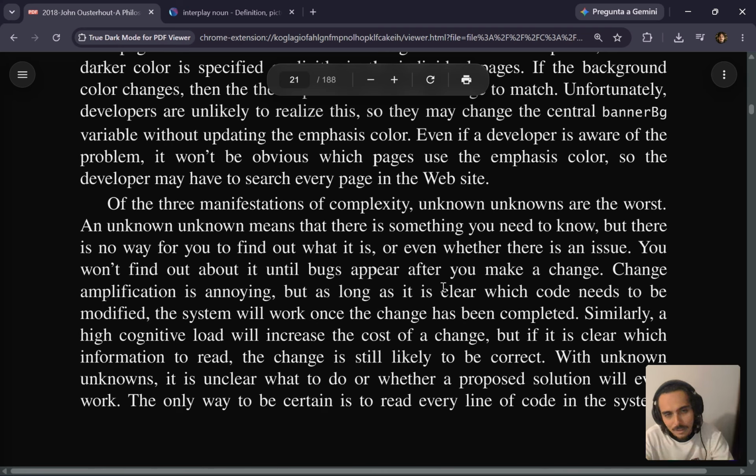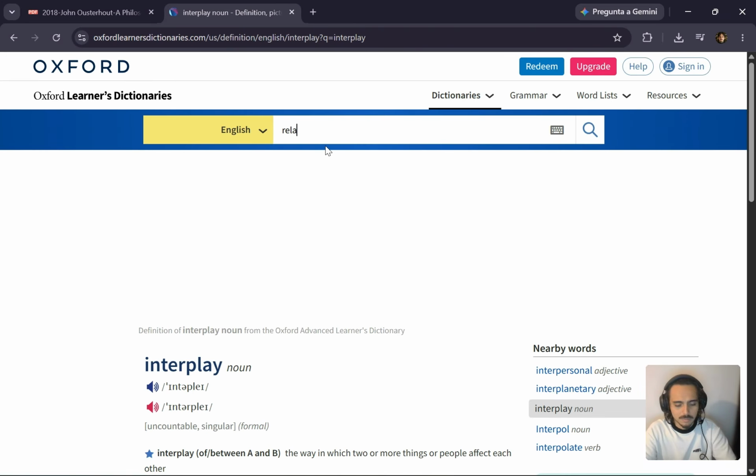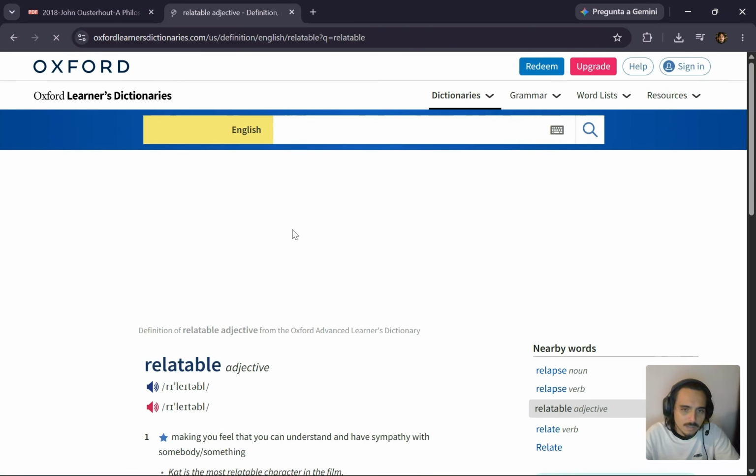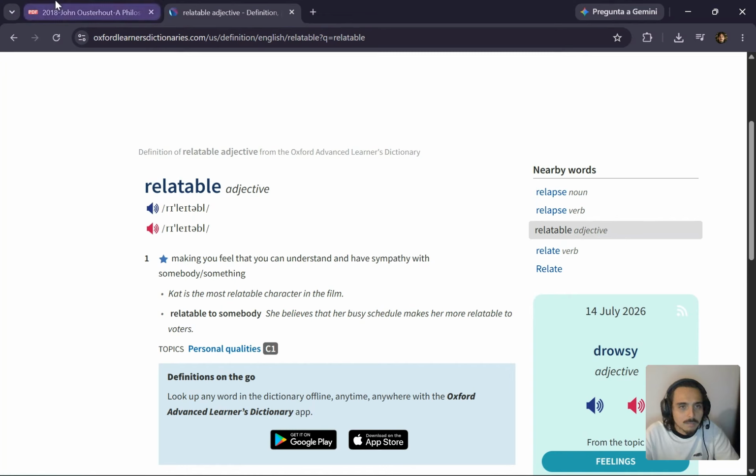You have change amplification and you have an unknown, and then you touch something innocently, and the blast radius and the change amplification make the problem explode. Yeah, it's pretty relatable. I think that's the word for that. Relatable, relatable. Yes, exactly.